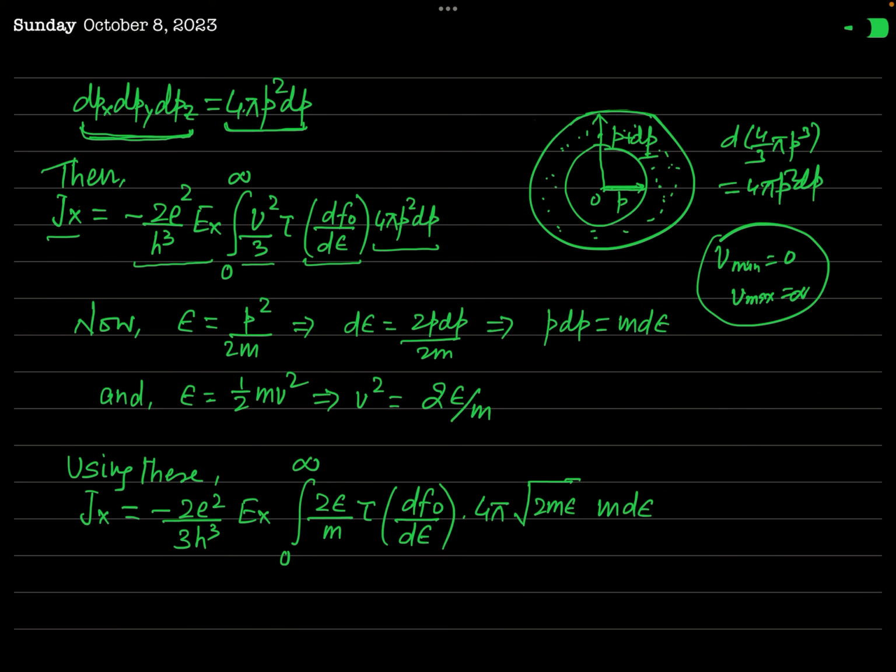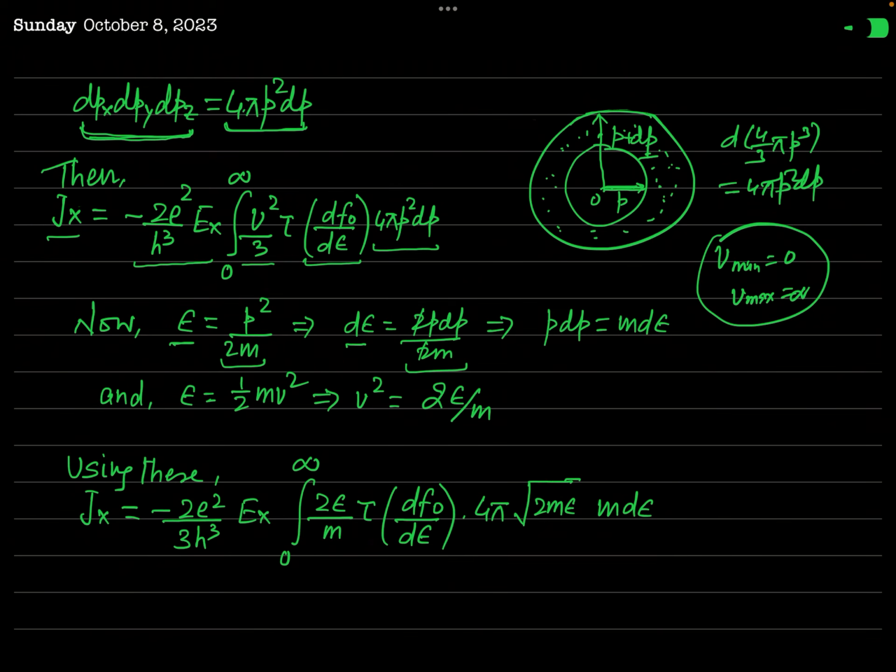But in our equation there are two types of variable. One is v and another is p. So we must express this result in terms of only one variable. Okay. Now you know epsilon, which represents the kinetic energy of the electron, is equal to p square over 2m. And so this d epsilon will be 2p dp over 2m.